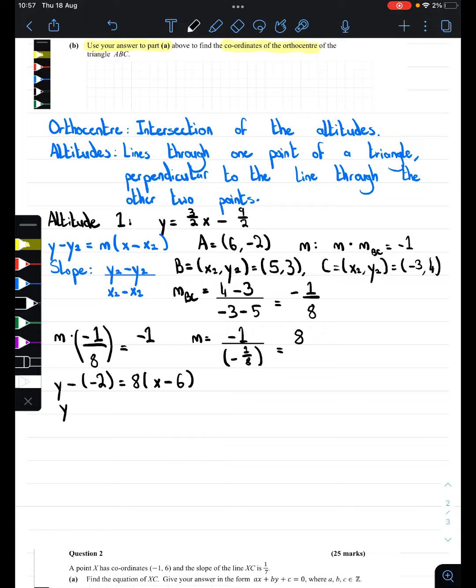So y equals 8x minus 48 minus 2, which is 8x minus 50. So that's our second altitude.